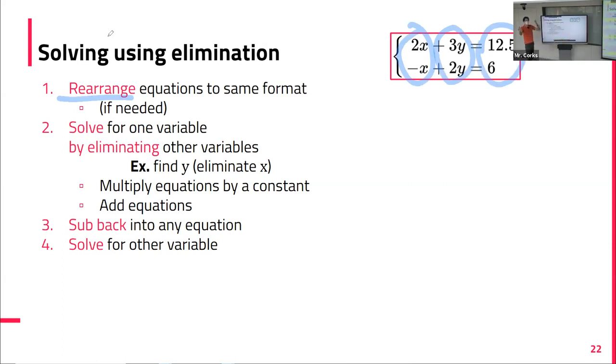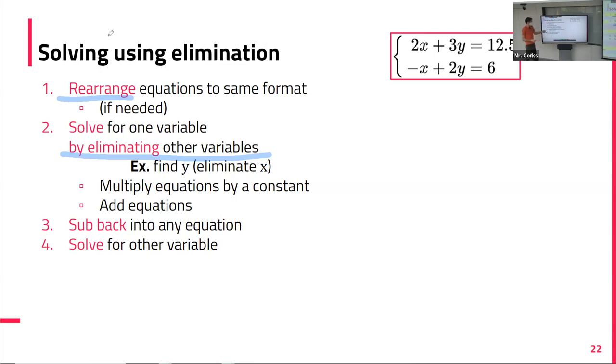They should all be arranged in the same way. Here, they are already, so done. We don't have to do anything special there. The next step is solving for one variable by eliminating the other variables.